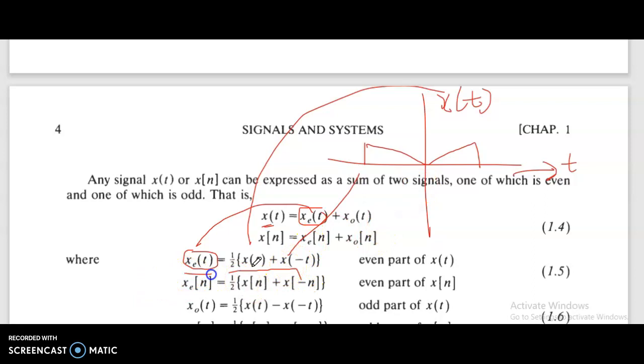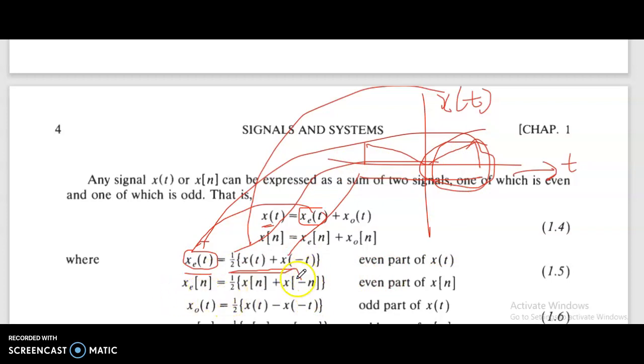That is xe of t. This is the xe of t. This is the total, and here this is half. That's why this is half only. That's all, then this one half.